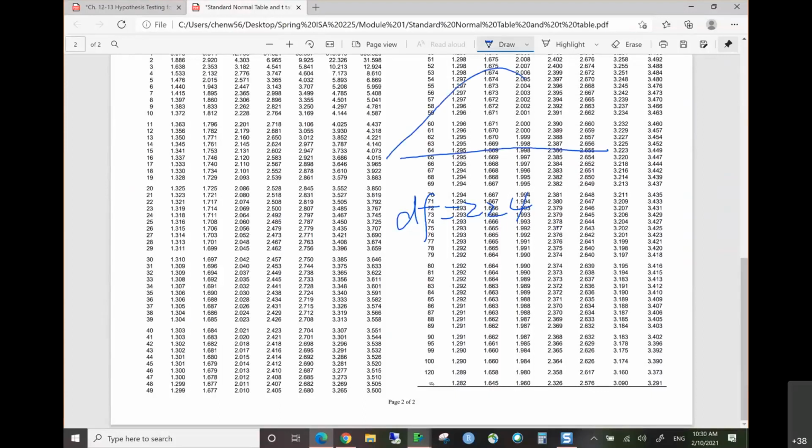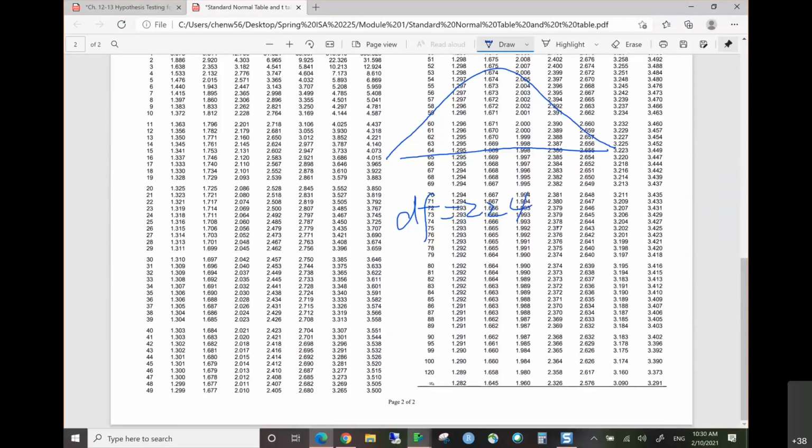So we say the t distribution is very close to the normal distribution. The only difference is that when the sample size is getting larger and larger, the t distribution will be closer and closer to the normal distribution. That means if your n is large enough, close to infinity, then the t distribution will just change to the normal distribution.